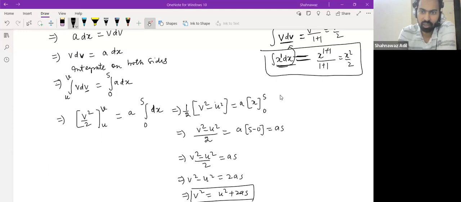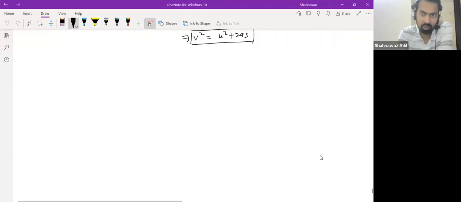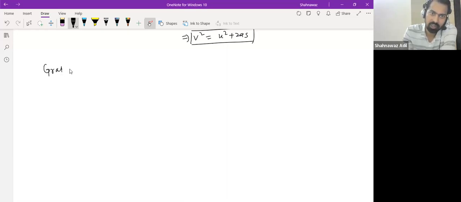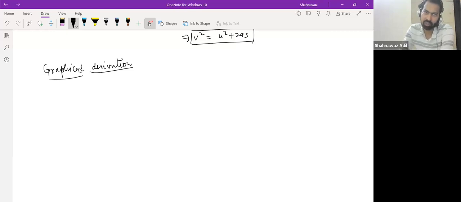Ilham. Okay. So now let us do some questions based on these three equations. I will also talk about the graphical solutions. So the graphical derivation also, because there would be a class assessment on this topic, on these three equations of motion.